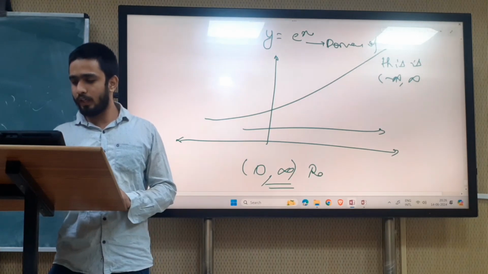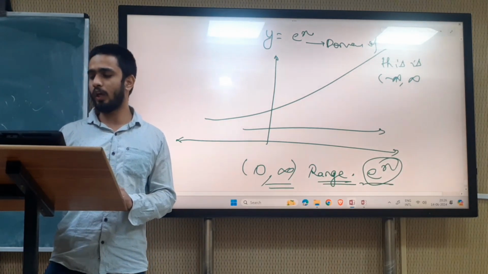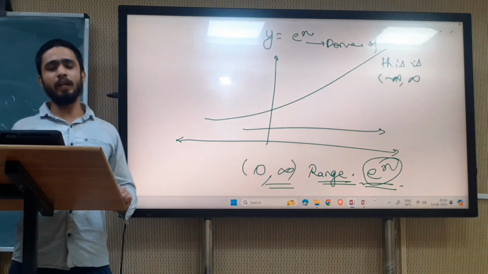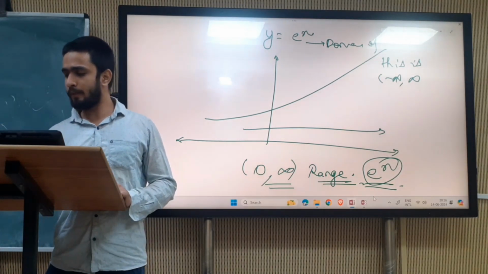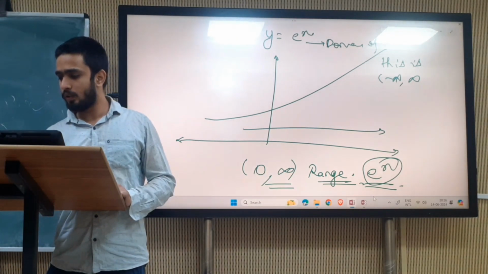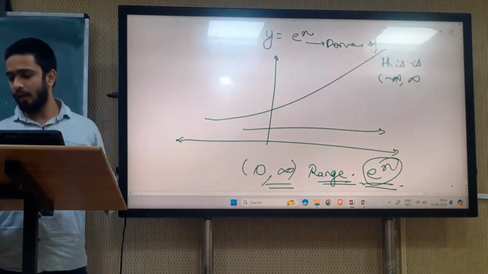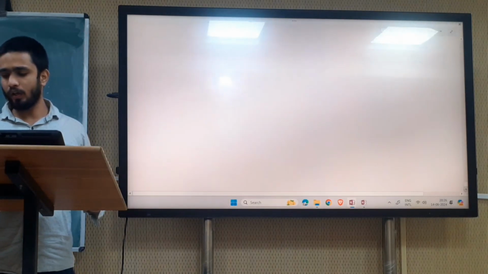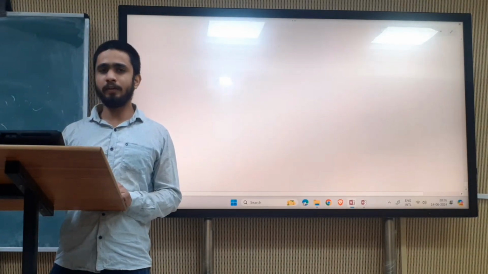So 0 to infinity is the range of the function e power x. This is how we can easily tell the domain and the range of a particular function. If we are able to draw the graph of a function, we can easily tell its domain and range.